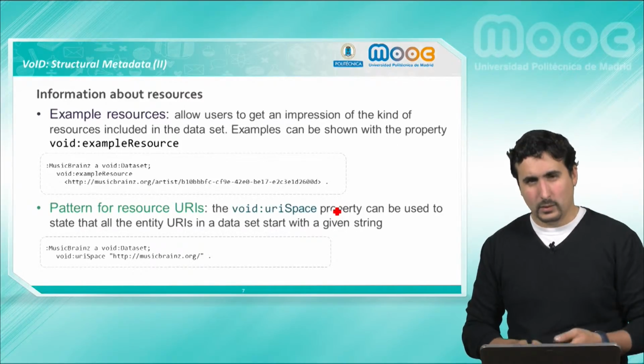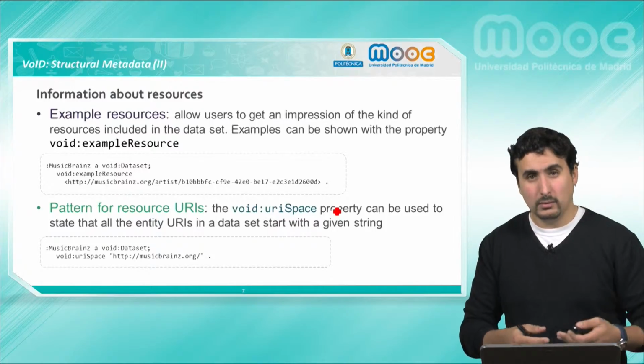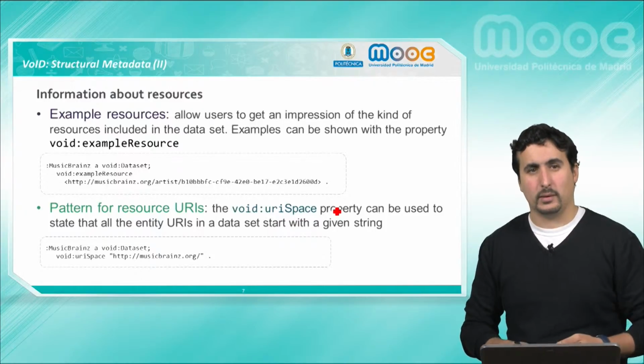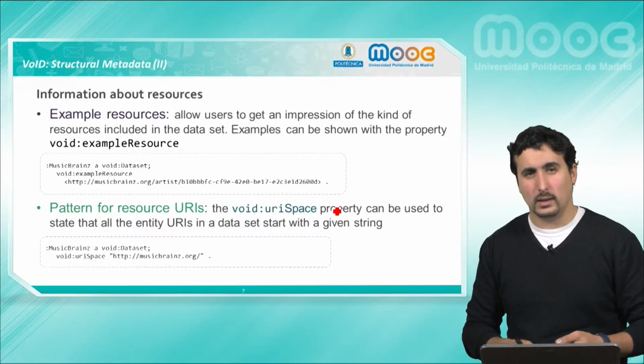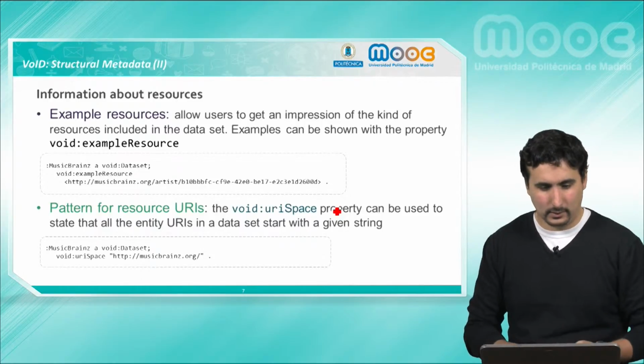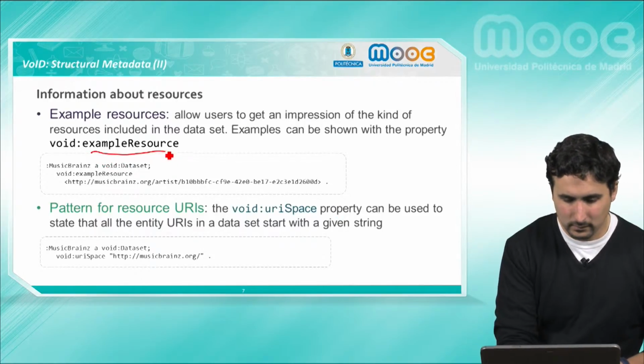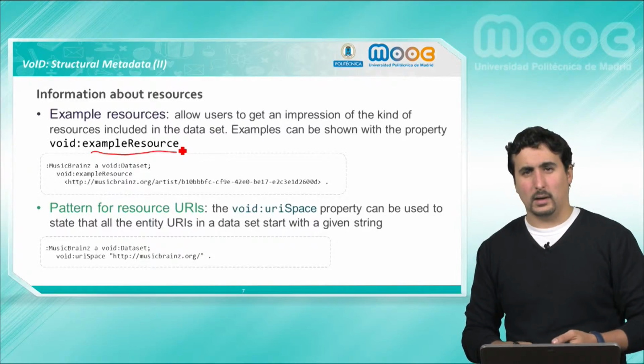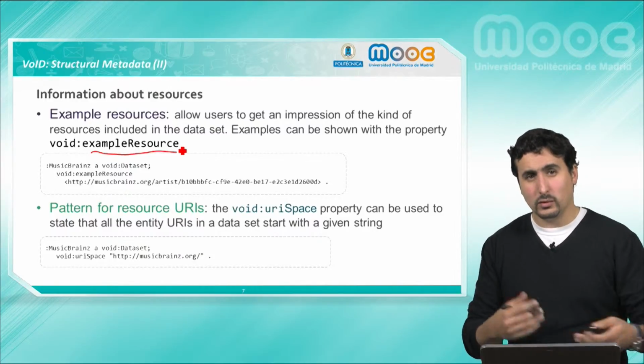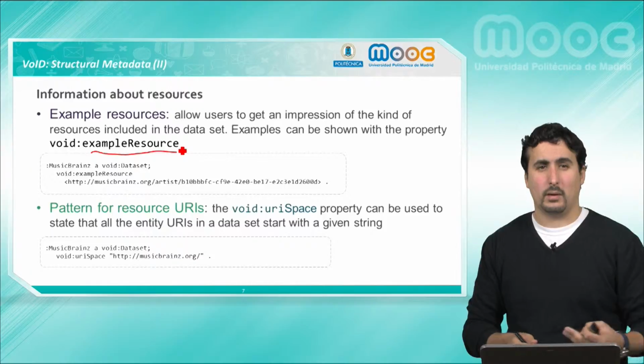As we see here, we can include example resources for our dataset. For that, we use the void:exampleResource property, which will link to a set of triples containing a general example of our data.